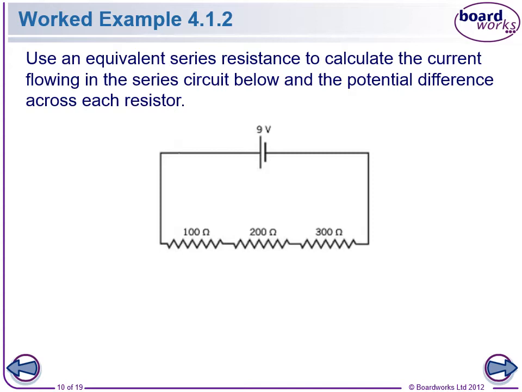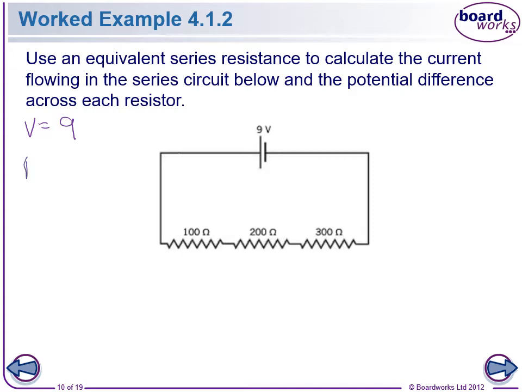Anytime you have a problem like this where you need to work out the voltage across resistors or the current in the circuit or anything like that, the first thing you need to do is work out the equivalent resistance of the entire circuit, and then use Ohm's law to work out the current in the circuit. In our total circuit, we know that the total voltage is 9.